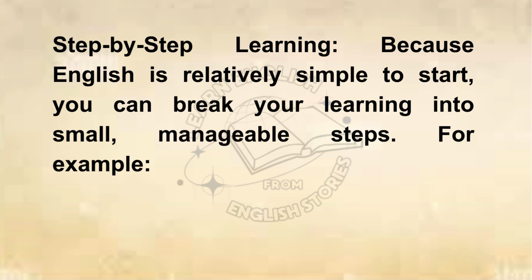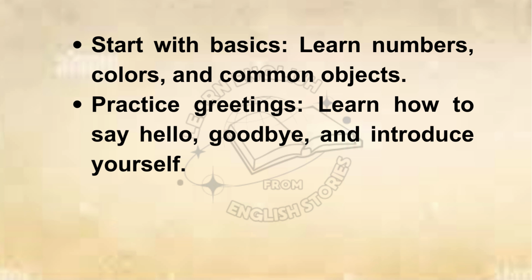Step-by-step learning. Because English is relatively simple to start, you can break your learning into small, manageable steps. For example, start with basics. Learn numbers, colors, and common objects. Practice greetings.